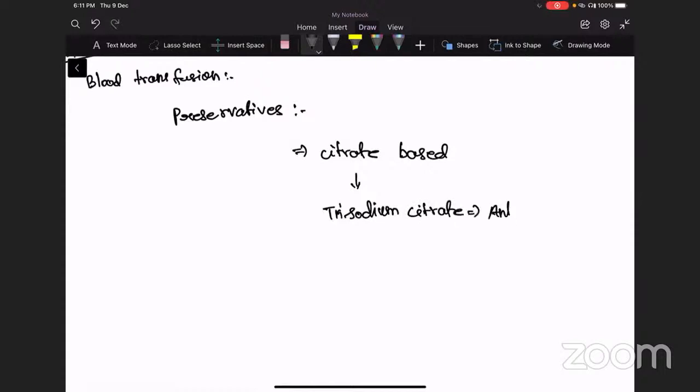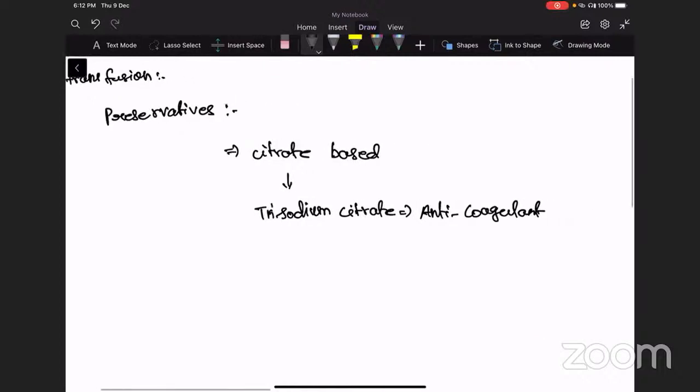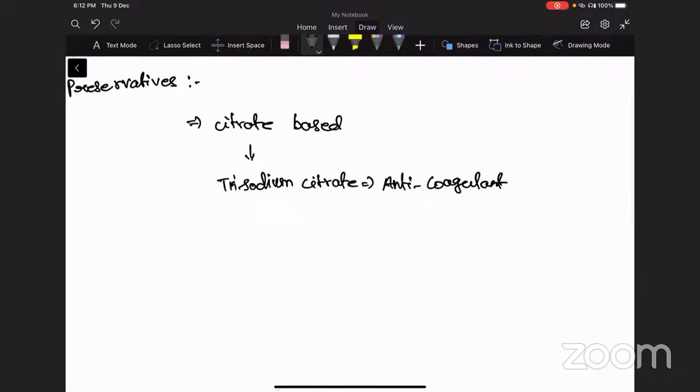It is an anticoagulant. You must have learned about citrate in glycolysis. How this trisodium citrate acts as an anticoagulant is that it chelates the calcium present.